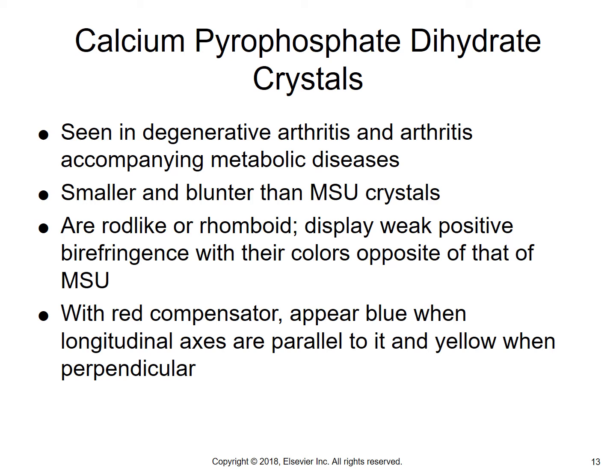Again, with polarizing microscopes, you can see the crystals, and they will be opposite to monosodium urate. The crystals in this case will be blue when their longitudinal axes are parallel to the red compensator plate, and yellow when their longitudinal axis is perpendicular. They also appear shorter and not as long as those needles in the monosodium urate.